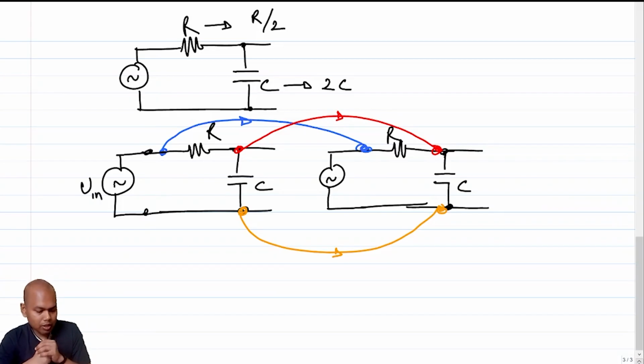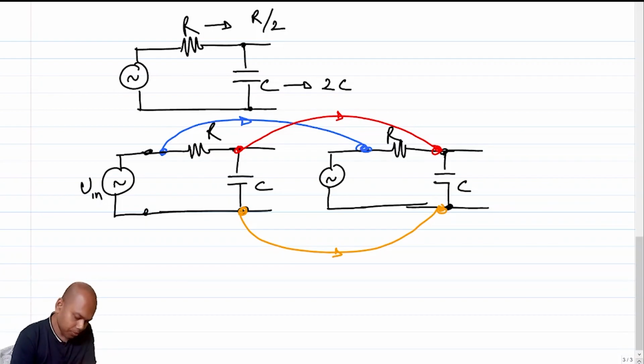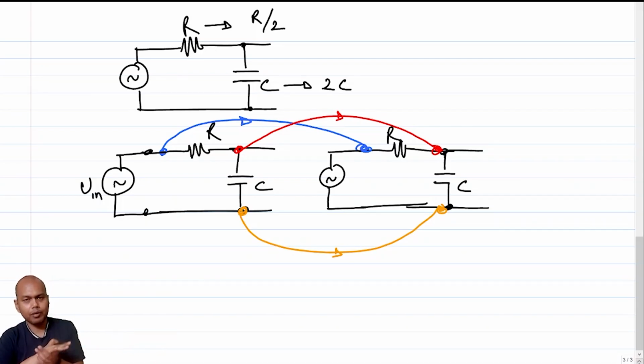So the current through all the colored wires is essentially 0, which essentially means that the transfer function of the circuit will remain the same even after connecting them in parallel. There is a technical term for this. This type of copying the circuit and putting the copies on top of each other is called impedance scaling. This is called impedance scaling.